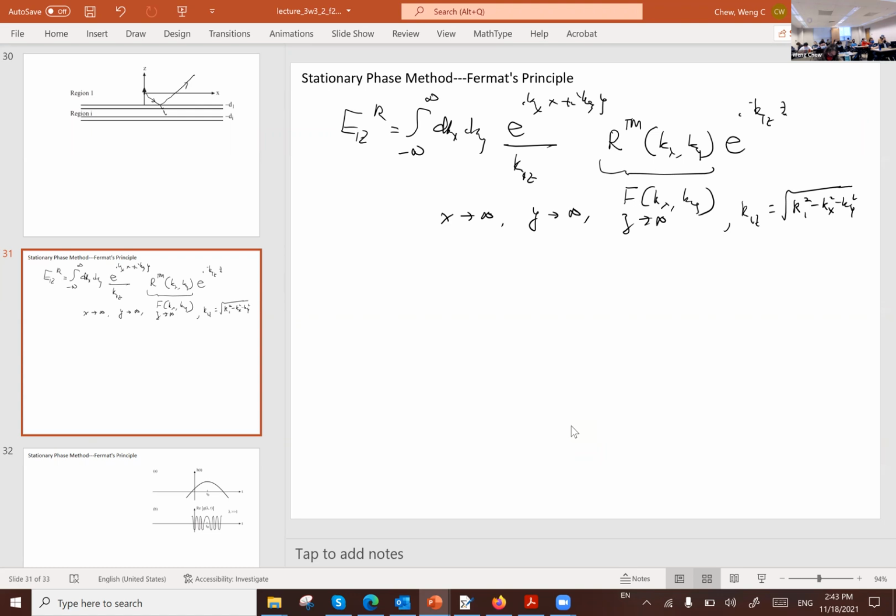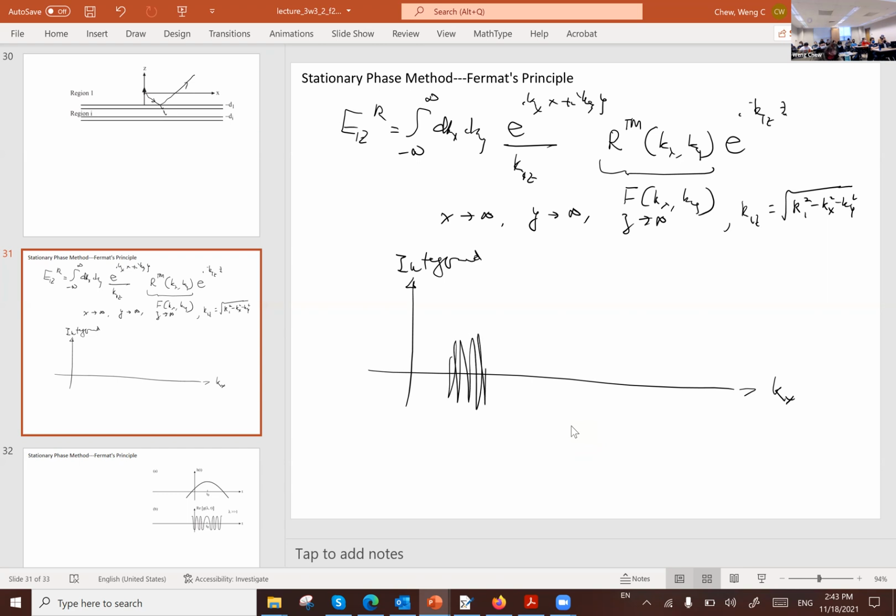So what it says is that if I look at the integrand as a function of Kx, for instance, let me call this the integrand. It is going to change very, very quickly when these things become very large.